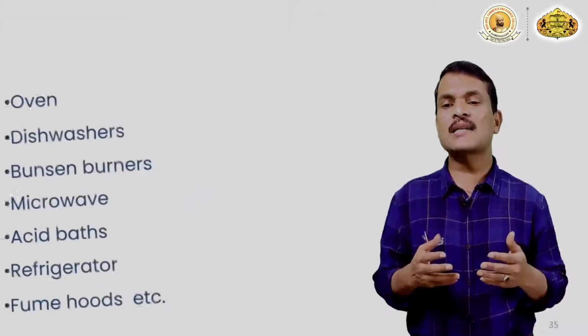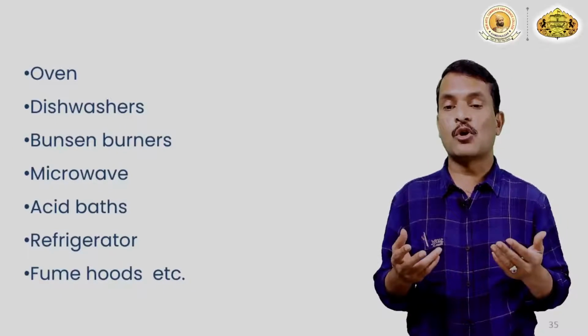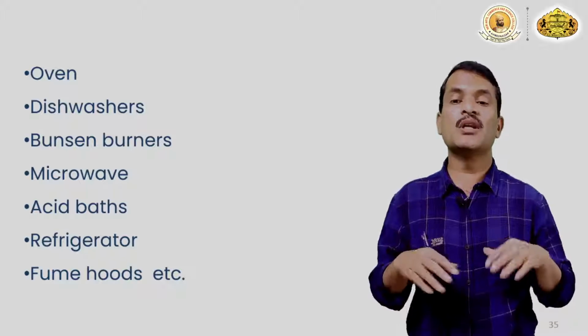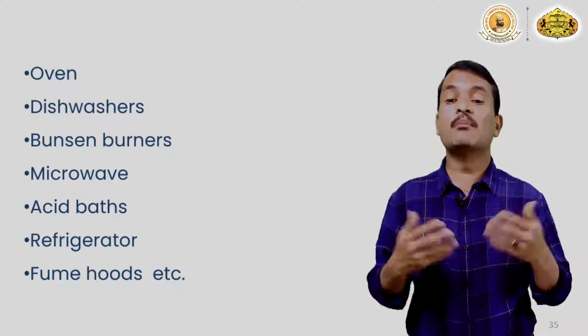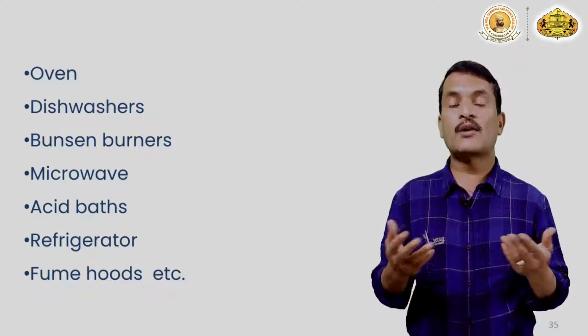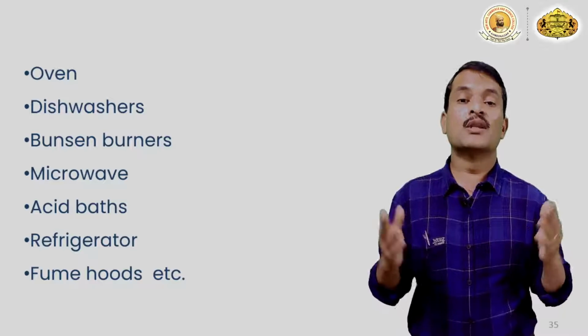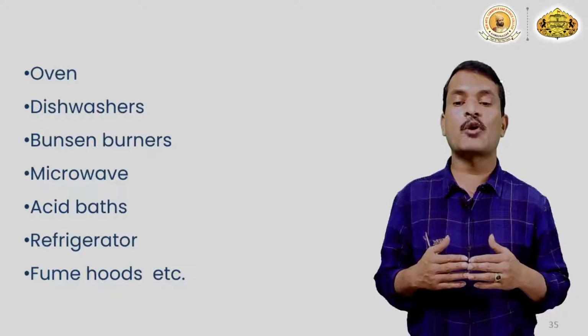These instruments are required. Likewise, we need an oven, a dishwasher for washing, or you can do it manually. We need a burner, sometimes you need to heat, we need a microwave. These things are required in plant tissue culture, and should be there in the general laboratory.